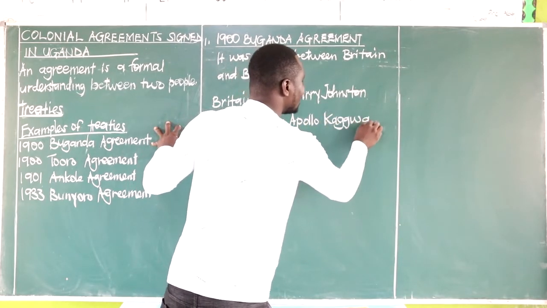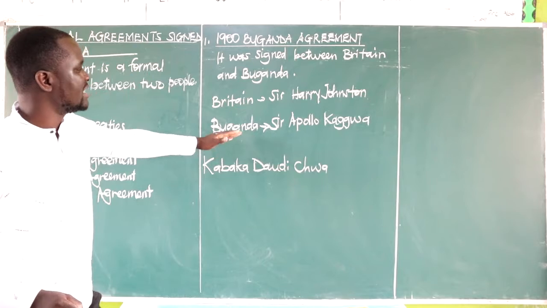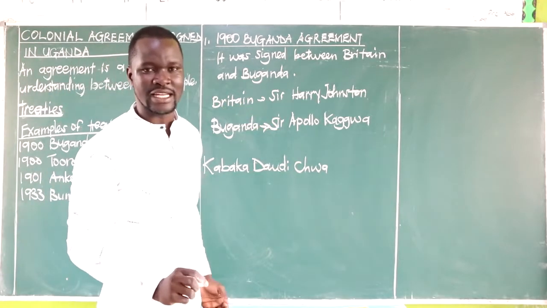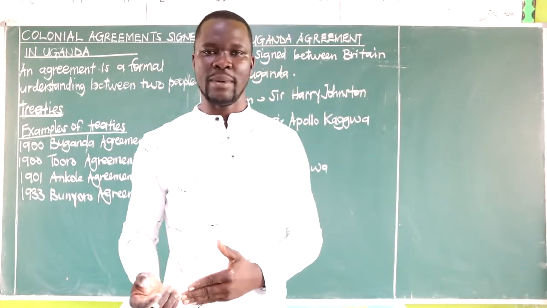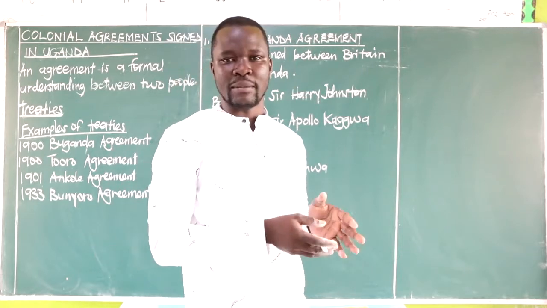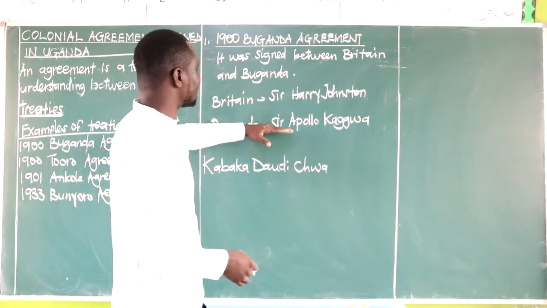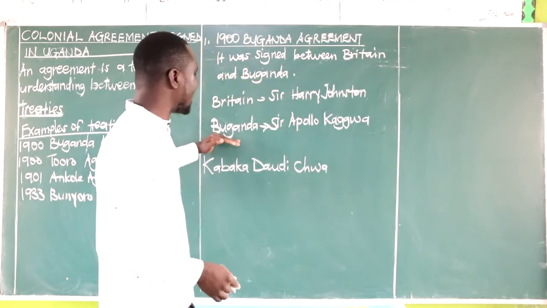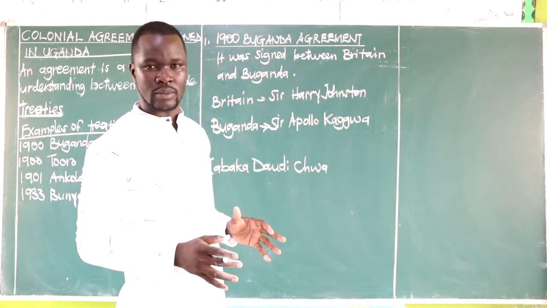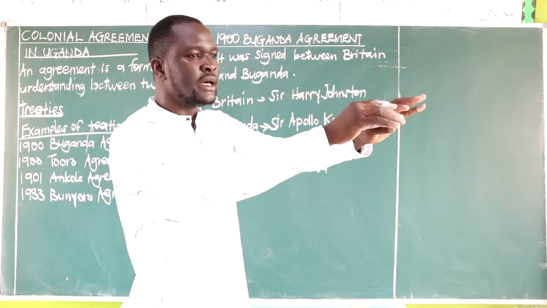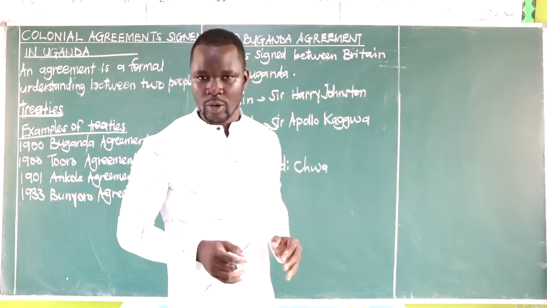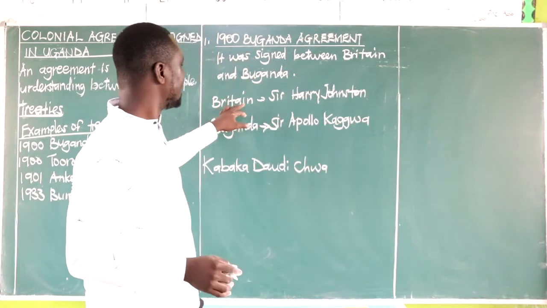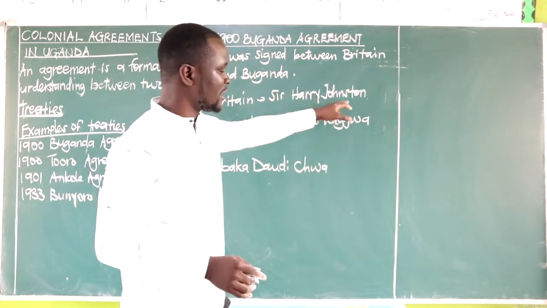So this agreement was signed by the Katikiro on behalf of the Kabaka, representing the Baganda as a tribe, the Baganda people, whereas Britain was represented by Sir Harry Johnston.